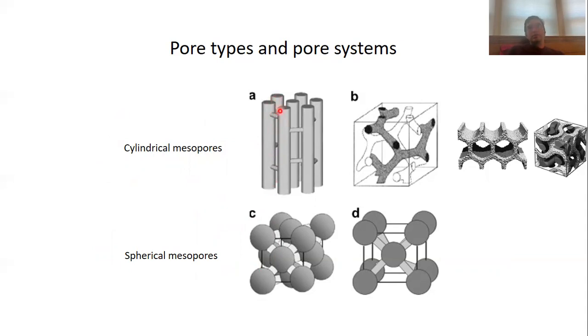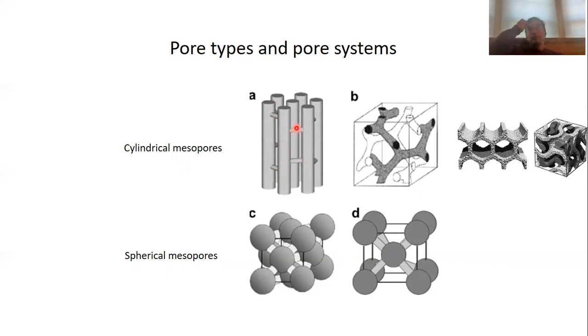In this case they are typically hexagonally arranged, making a honeycomb system, whereby either they are completely separated from each other by the channel walls, the pore walls, or they can be interconnected via little micropores, as indicated here. And that's the case when you use a block copolymer as the template.